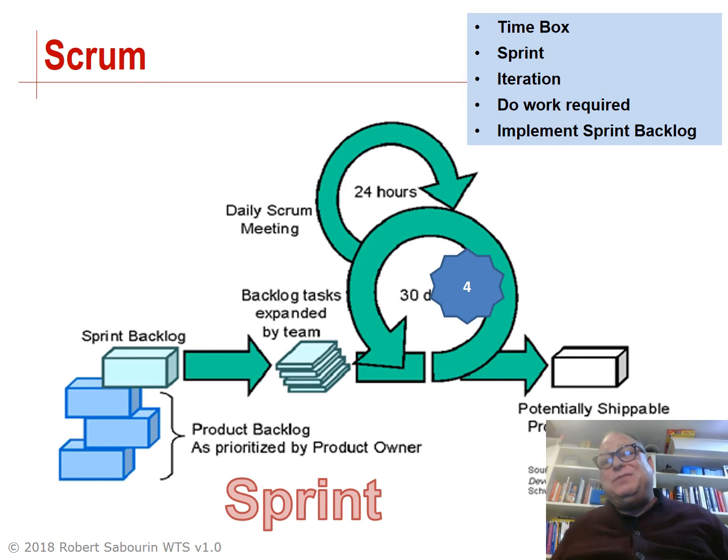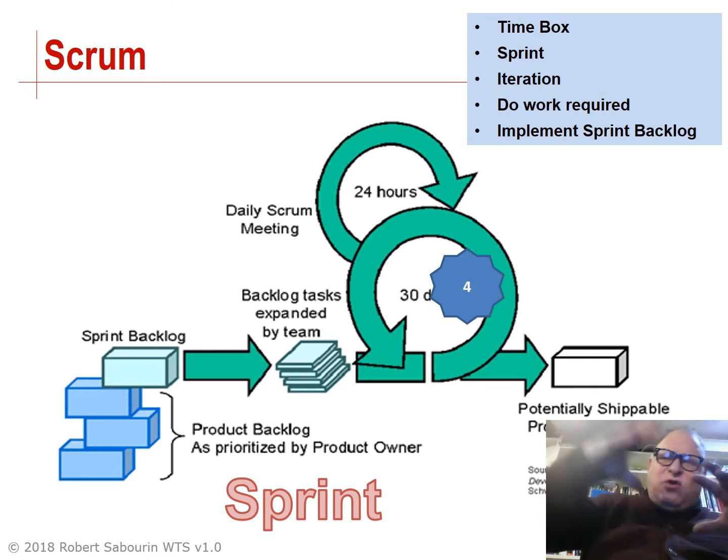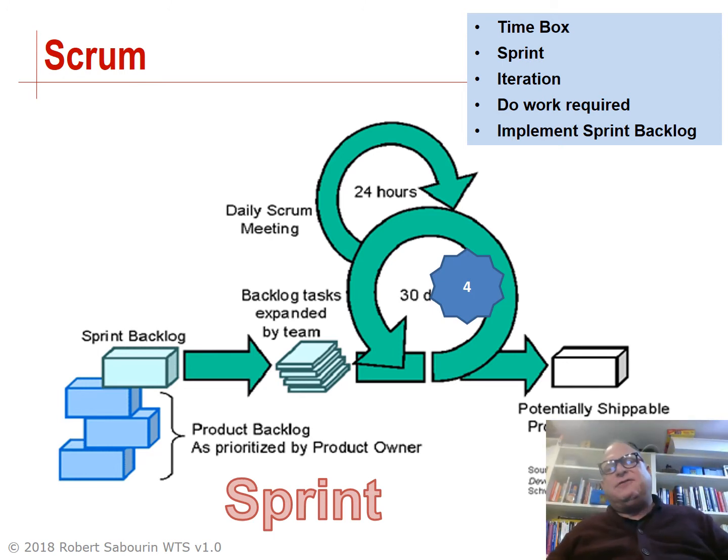In this day and age, looking at my customers, they're usually 2 or 3 week sprints, tending towards 2, which is for me exhausting to imagine, but that's where we're tending towards. A sprint is sometimes called an iteration, and during the sprint, the team does the work required to implement the sprint backlog. So at the end of the sprint, we have implemented the sprint backlog.